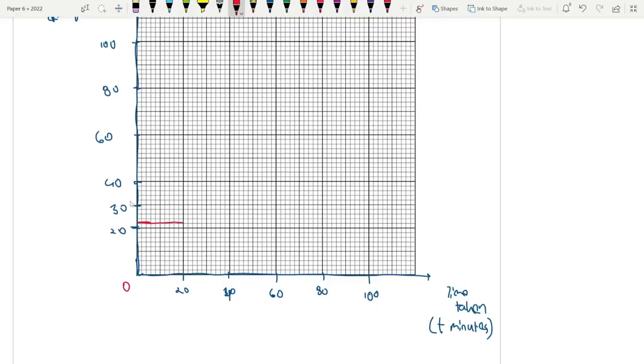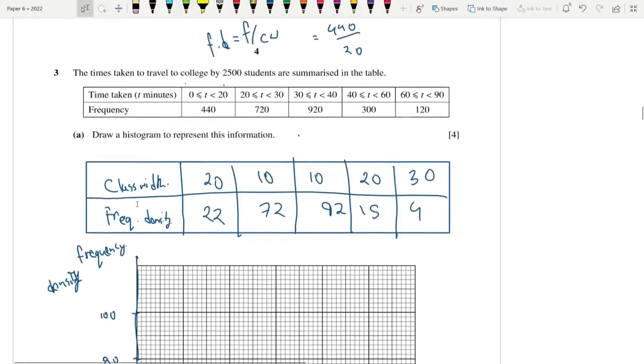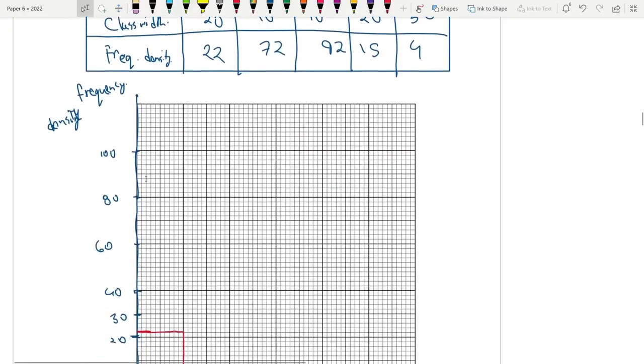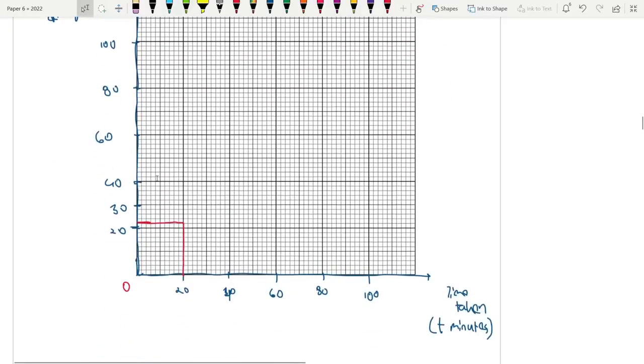This is the first one, followed by 20 to 30 is 72. This is 70, right? So 72 is here. You can draw this with your scale. It's going to be easier for you guys. 20 to 30, it's like this.